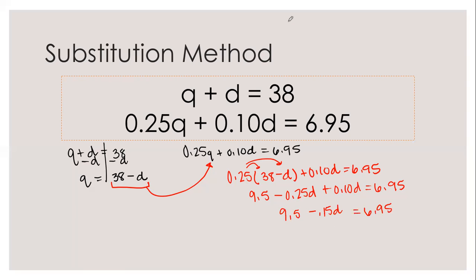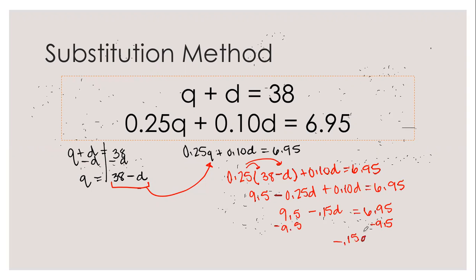Now what? So when I subtract 9.5 from both sides, that'll give me negative 2.55 here.